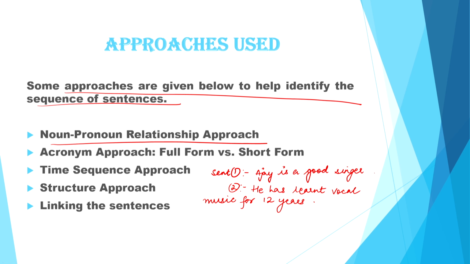So, in the above example, sentence 2 contains the pronoun he. Whoever he is should essentially be introduced in one of the preceding sentences, correct? So, sentence 1 introduces a person Ajay. Hence, he mentioned in option 2, or you can say sentence 2 refers to Ajay. Thus, your sentence 1 comes before sentence 2. Clear? So, the correct sequence will be 1, 2.